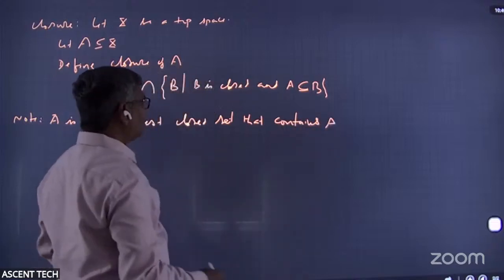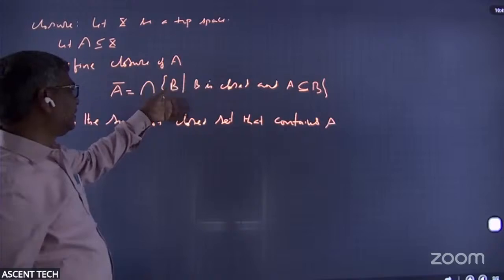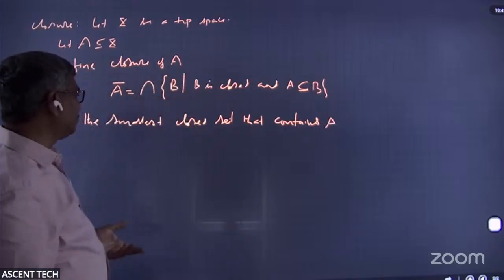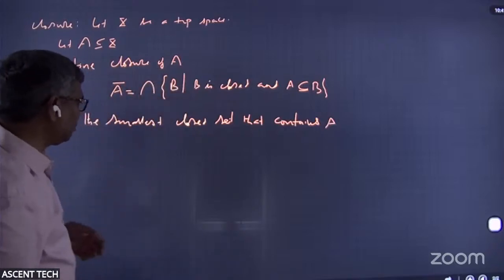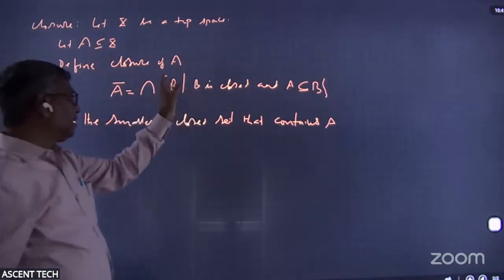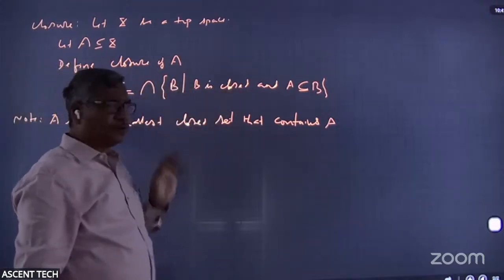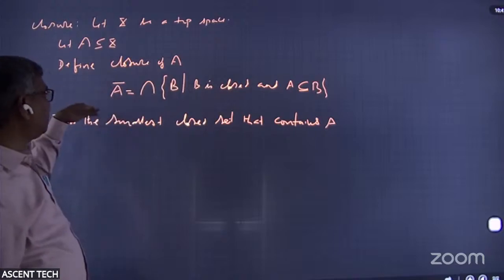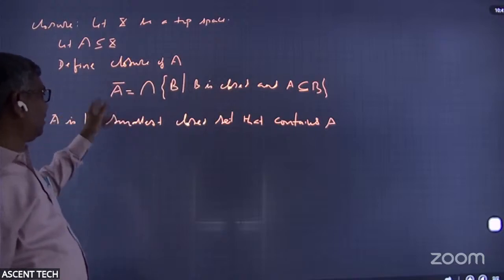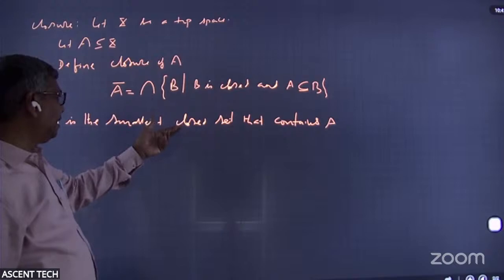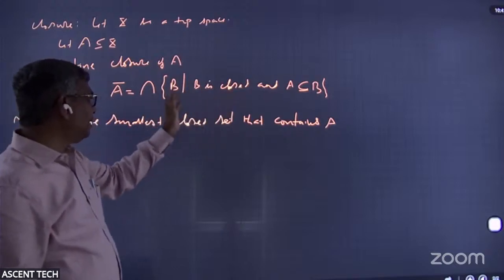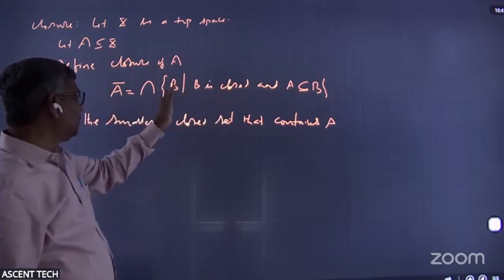That it is a closed set is clear, because the intersection of an arbitrary collection of closed sets is closed. So A bar is closed. And A bar contains A because all of them contain A, so their intersection also contains A. And why is this the smallest? If you take any other closed set that contains A, it is one member of the intersection, therefore the intersection will be contained in that.